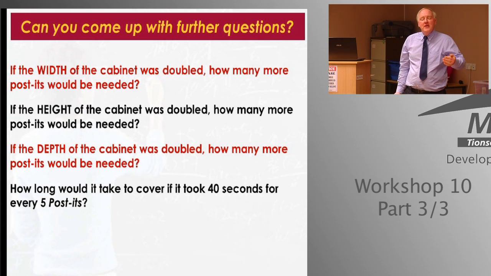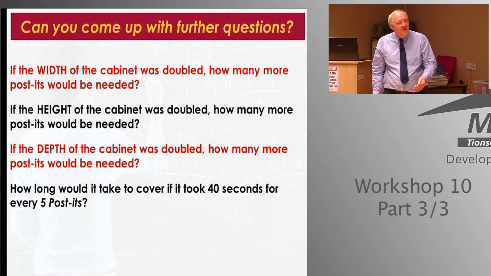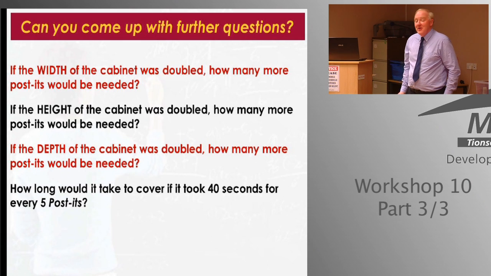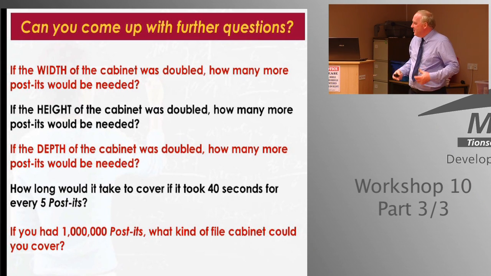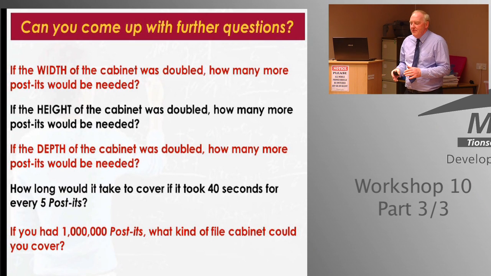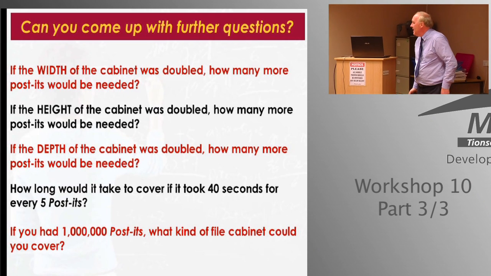And then an open-ended question for the person who's finished and bored: if you had 1 million post-its, what kind of cabinet would you cover? That forces them to think. Yeah. So there's a nice bit there, and everybody can engage with that, can't they? Like, from the beginning.